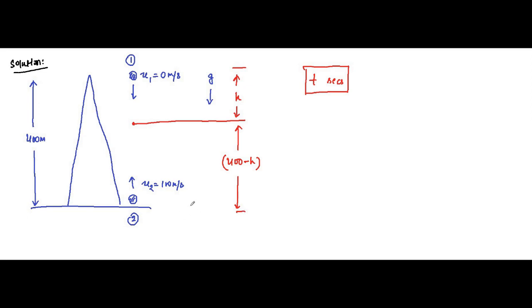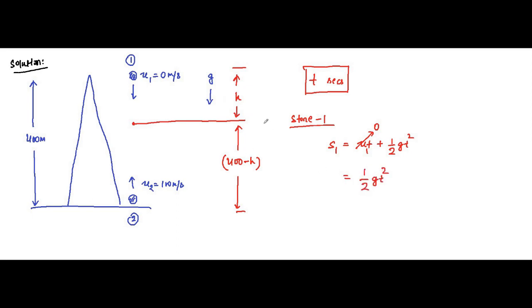Now in these t seconds, stone 1 travels a distance of u1t plus half gt square. u1 is 0, so basically it is half gt square.